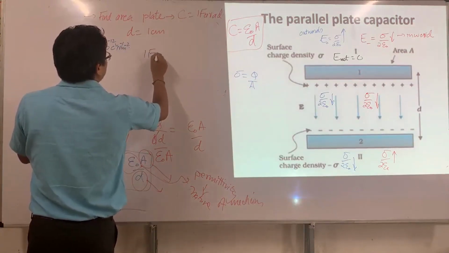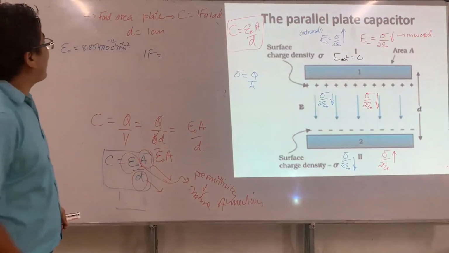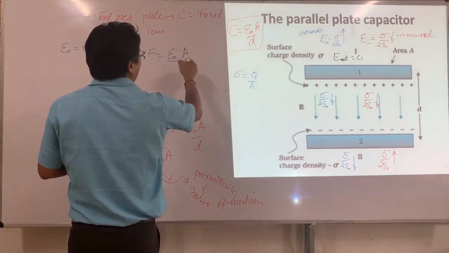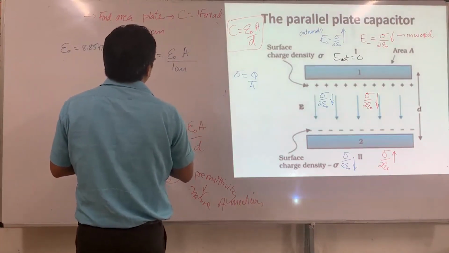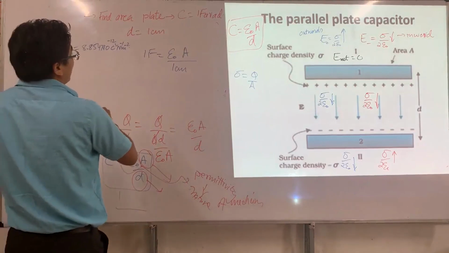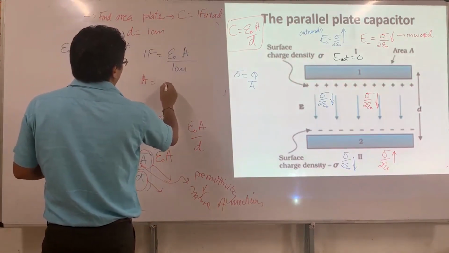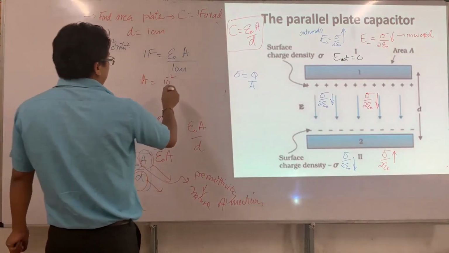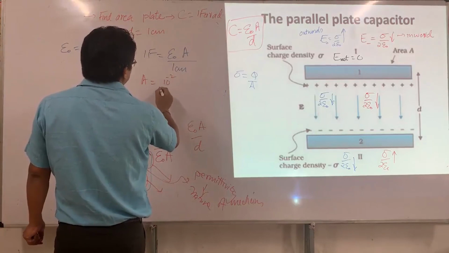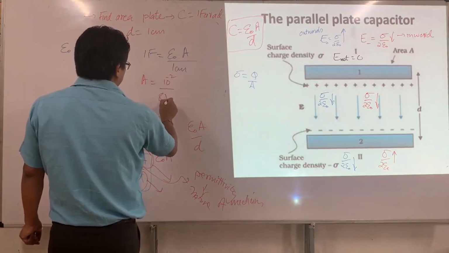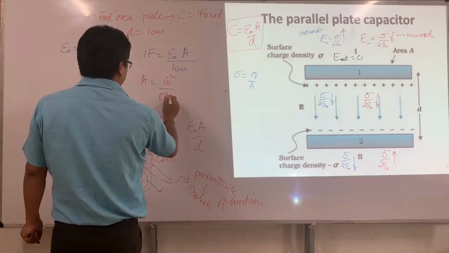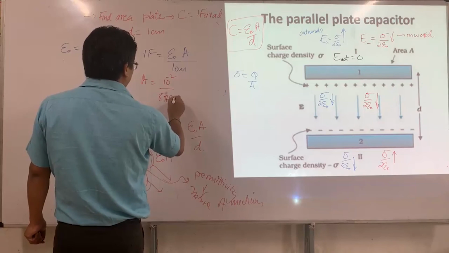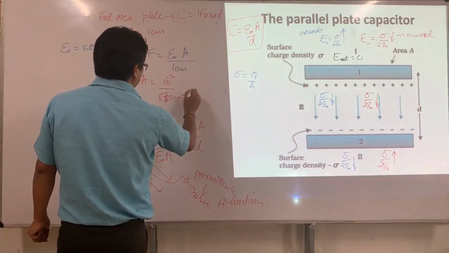For a 1 farad capacitance, the area we are going to find out. Distance is 1 centimeter. Then area must be equal to 1 farad times 1 centimeter, which is 10 raised to minus 2 meter, divided by 8.854 times 10 raised to minus 12.